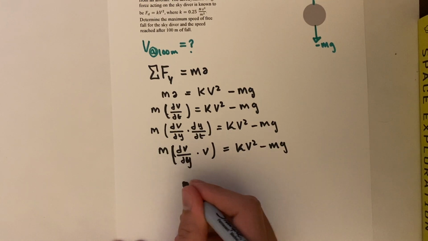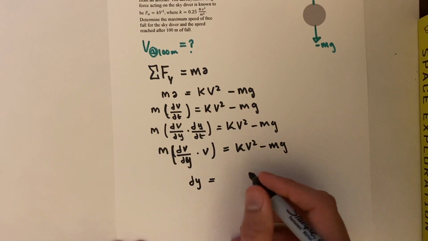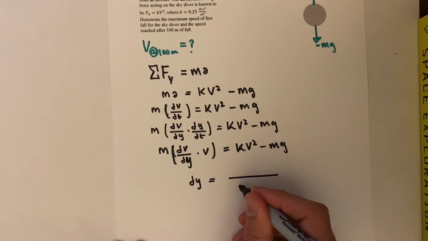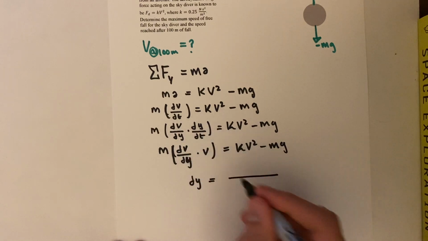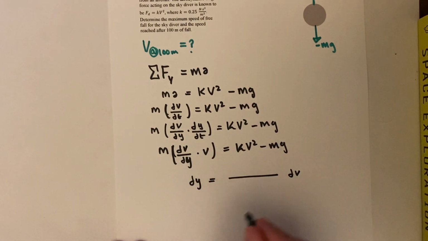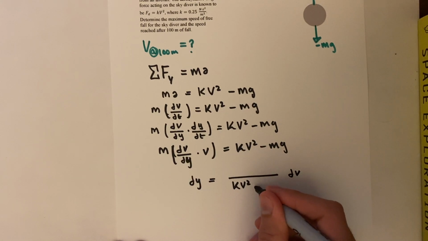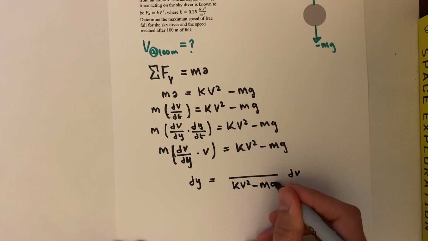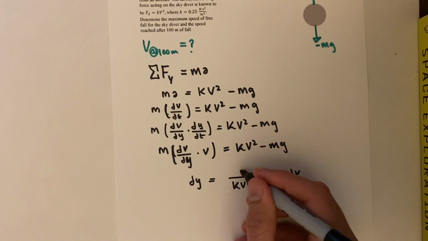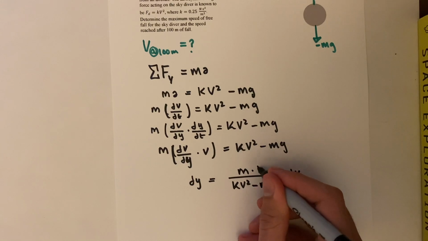If we do that, we'll get dy is equal to, well, this is going to flip because dv is on top, so it goes in the denominator, and this part is going to stay as m times v.